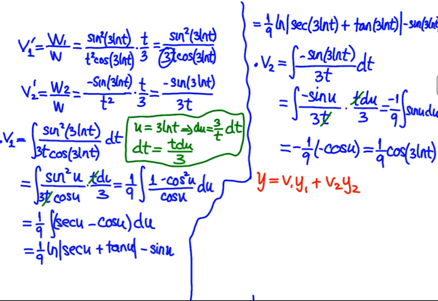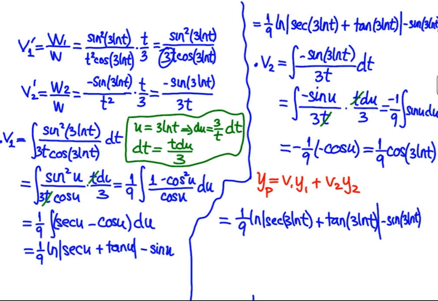That is our particular solution, where V1 is 1 over 9 ln of secant 3ln(t) plus tangent of 3ln(t) minus sine of 3ln(t).